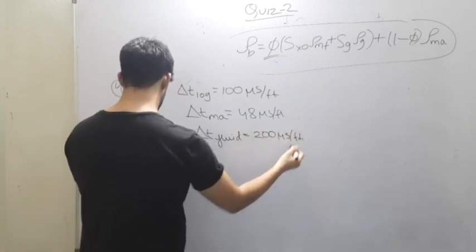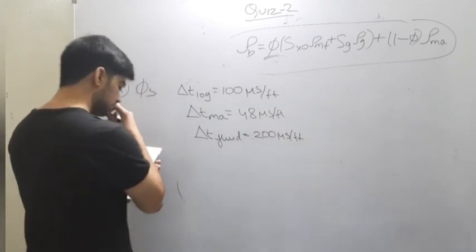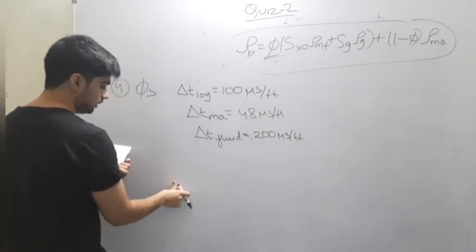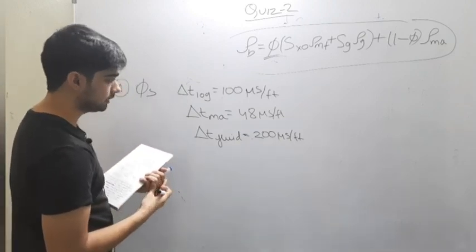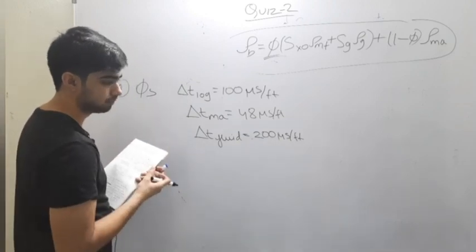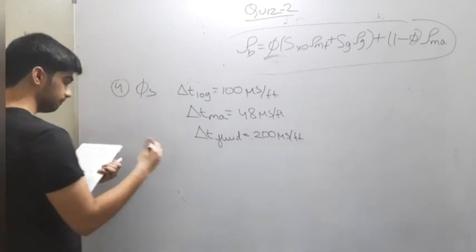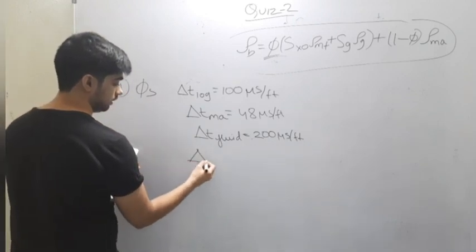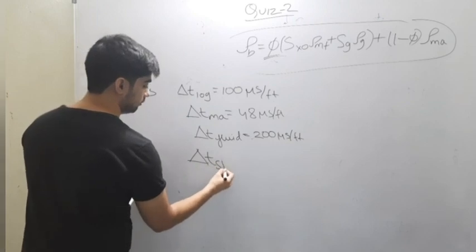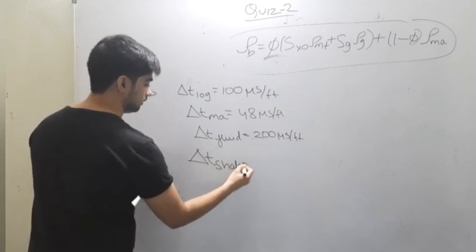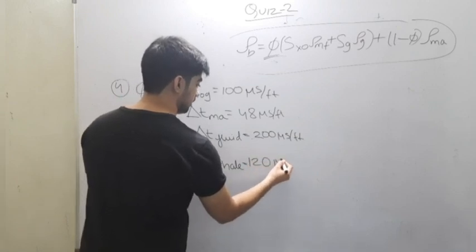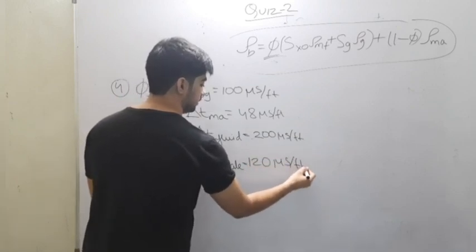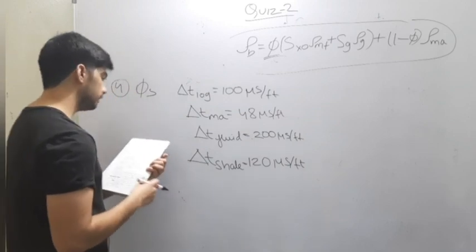microsecond per foot. So we have taken the case that in sonic logs, whenever it encounters a shale, there is always some sort of correction, and they have mentioned for shale the transit time is 120 microsecond per feet.